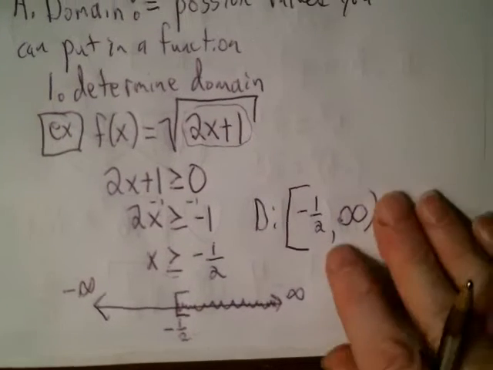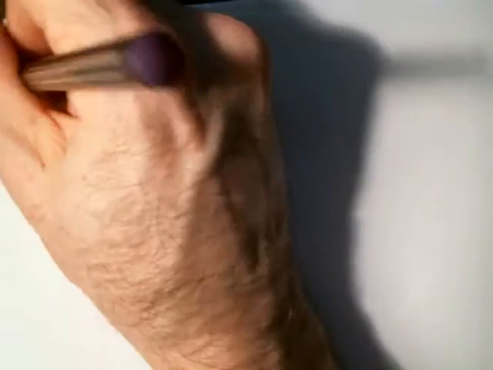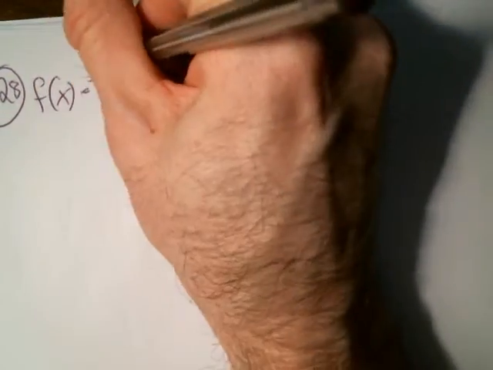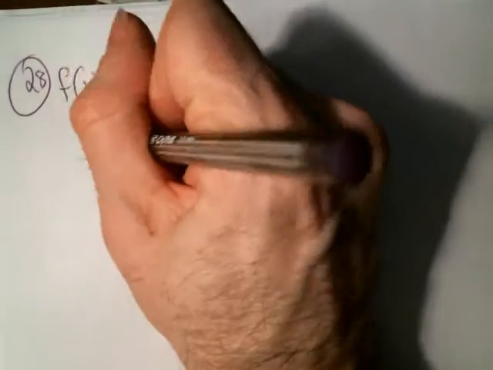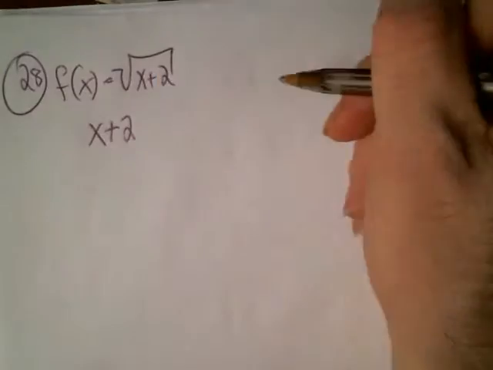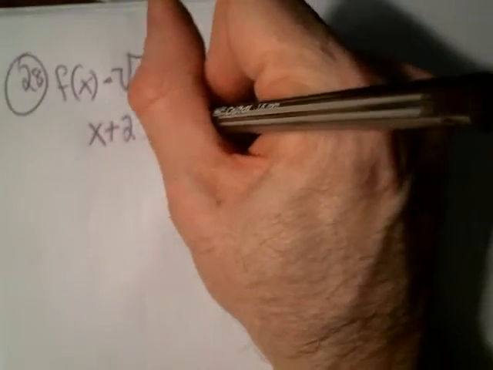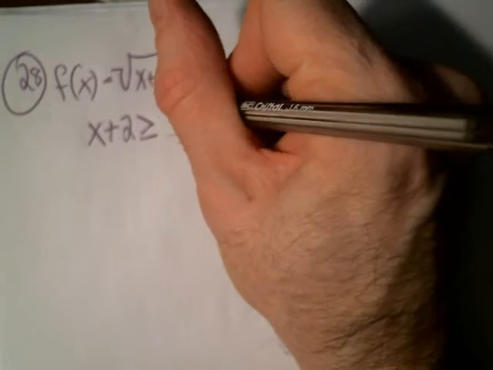Okay, let's look at some examples from the homework. Here we have 28, and we have f of x is the square root of x plus 2. So I'm going to take the guts of that function, x plus 2, and I need that to be greater than or equal to 0. And now I have to solve this inequality.